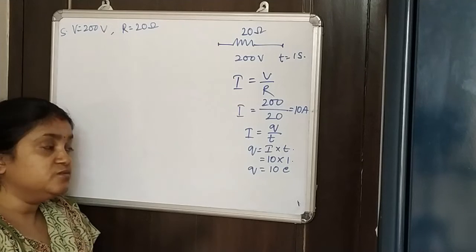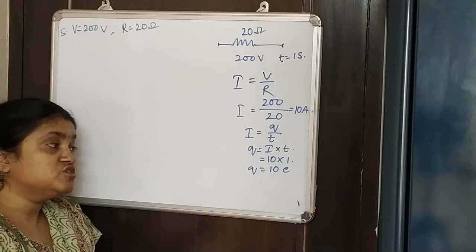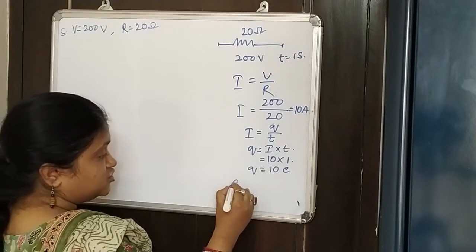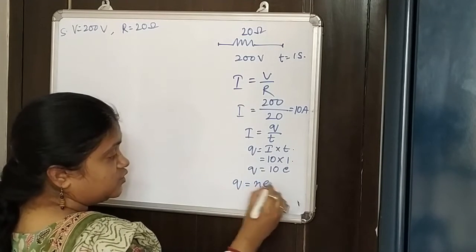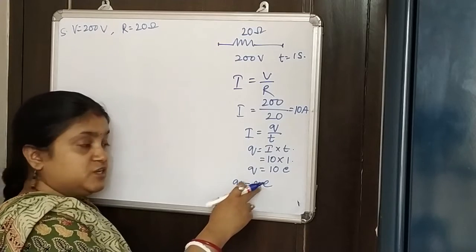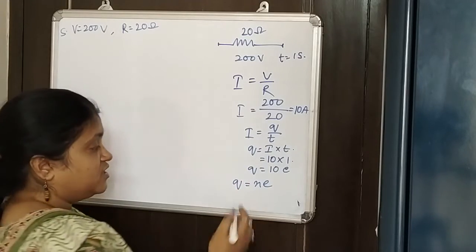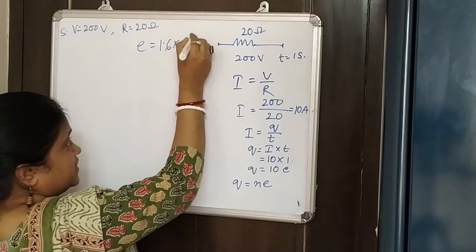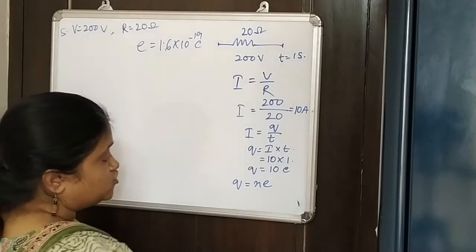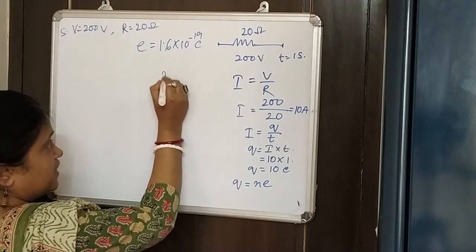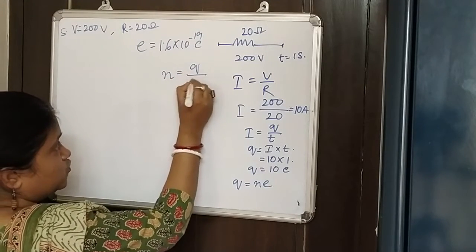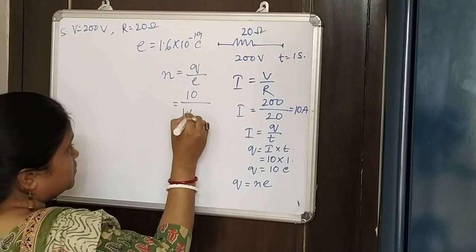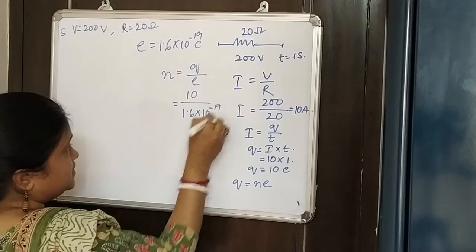But the question was how many electrons would flow. As we know, charge is equal to N into E, the number of electrons into the electronic charge, and we already know the electronic charge is 1.6 into 10 power minus 19 coulomb. So substituting this, N is Q by E. We substitute Q, and E is 1.6 into 10 power minus 19.